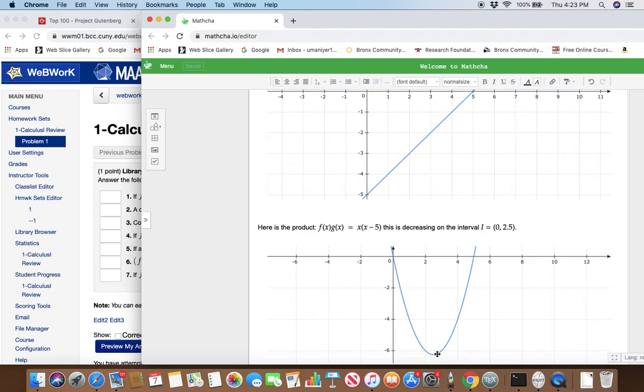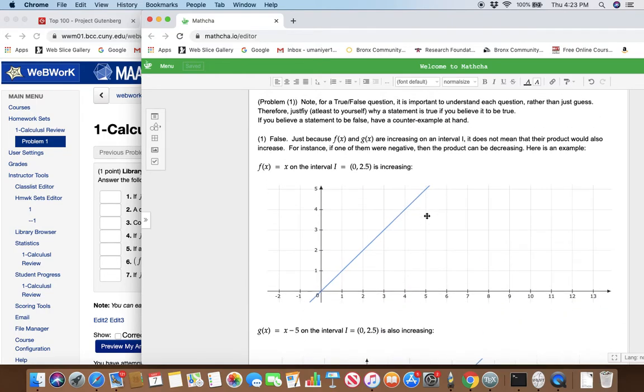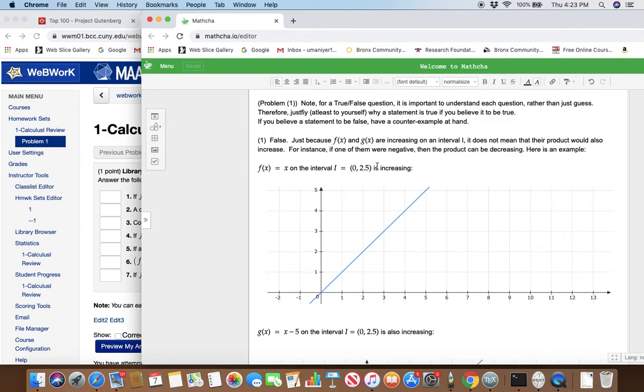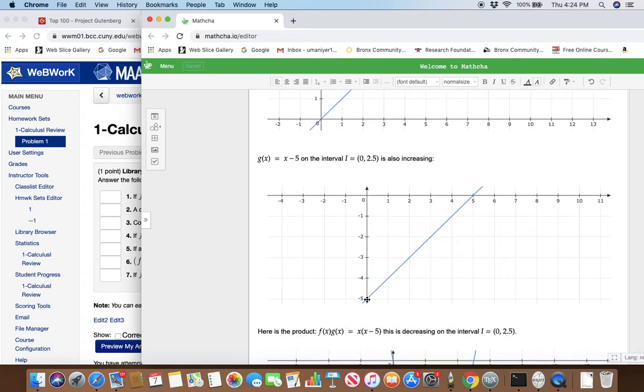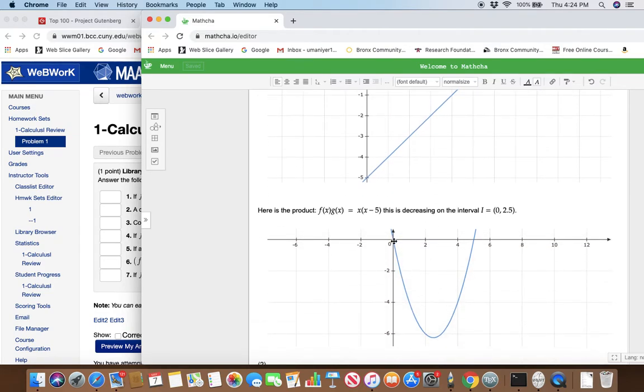It is decreasing from 0 to 2.5 and then increasing, which means if I choose my interval appropriately, 0 to 2.5, f is increasing on 0 to 2.5, g is also increasing on 0 to 2.5, but their product is decreasing from 0 to 2.5.